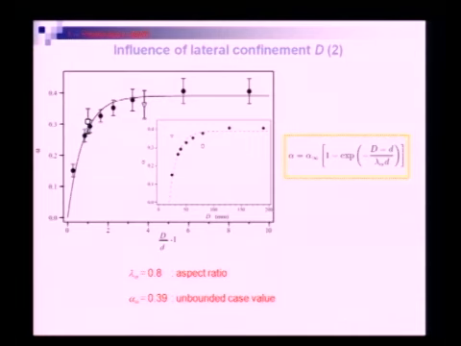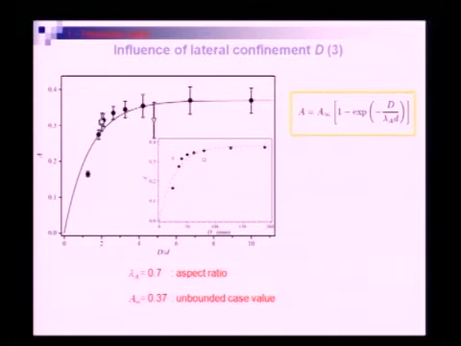Okay. And we can say that when we've got a ratio of about 4 or 5 for this quantity, we are in an unbounded case, which is very important for the next experiment. We can say that over this value, we are in the unbounded case.